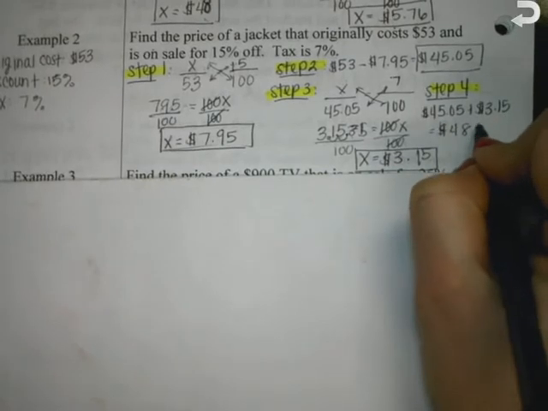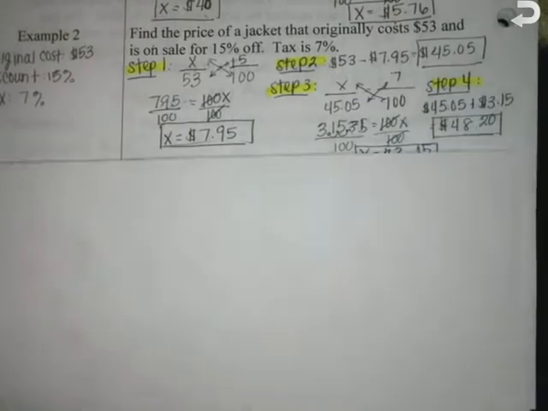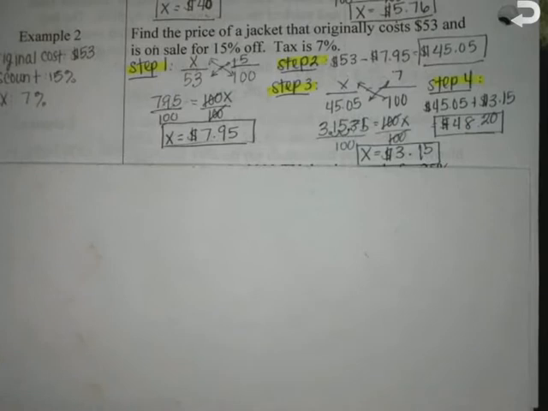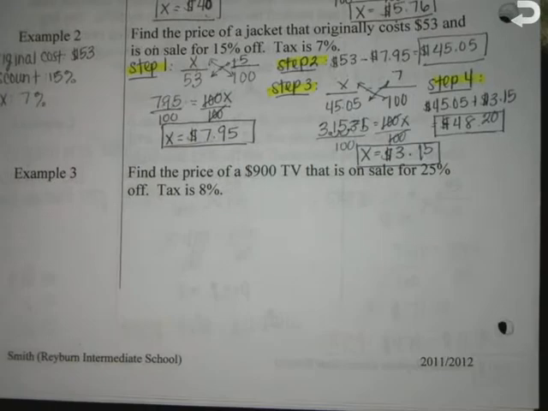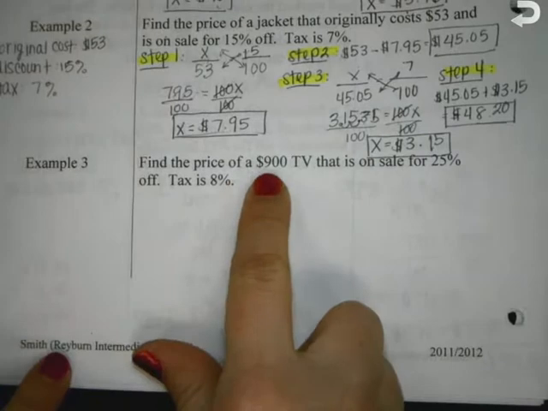Okay, so example 3, I want you to do this on your own. This is the last one. Find the price of a $900 TV that is on sale for 25% off. Tax is 8%. So I will set up the information with you. What's the original price? $900.